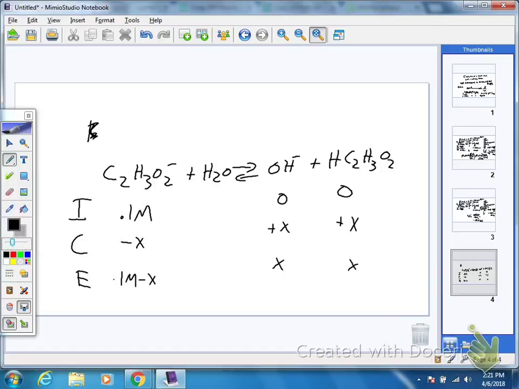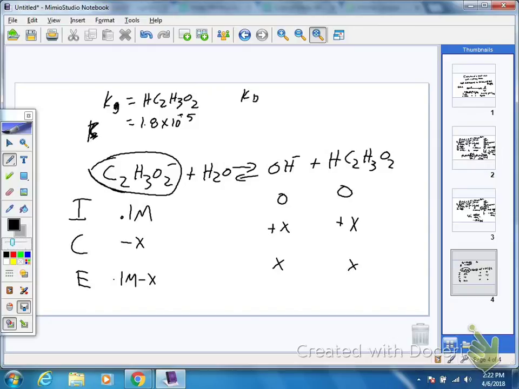Okay, so what we're going to do, this here, we're going to have to find a Kb for. The Ka of acetic acid is equal to 1.8 times 10 to the minus 5th. What we're going to do is we've got to find the Kb. To find the Kb, it's going to equal Kw over Ka.